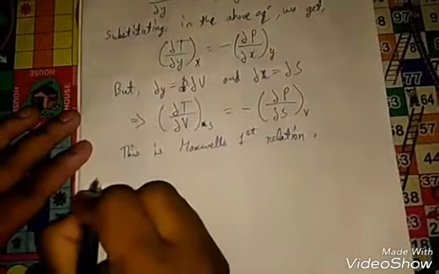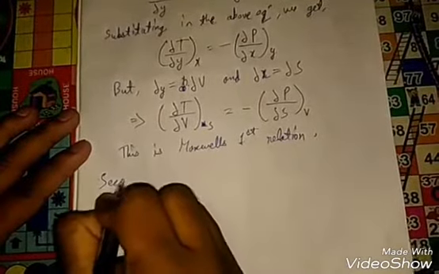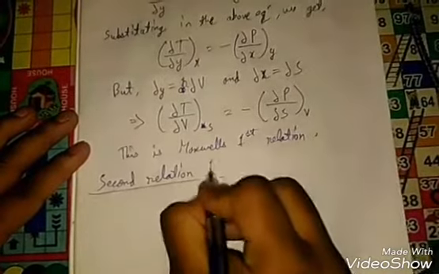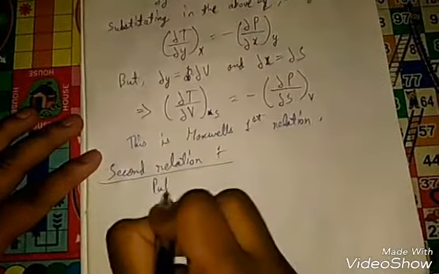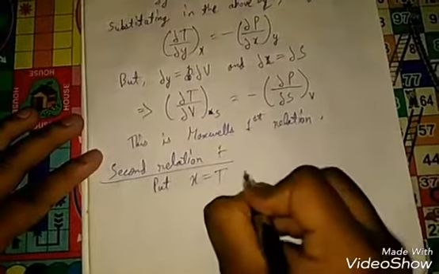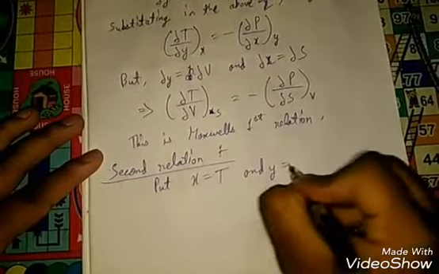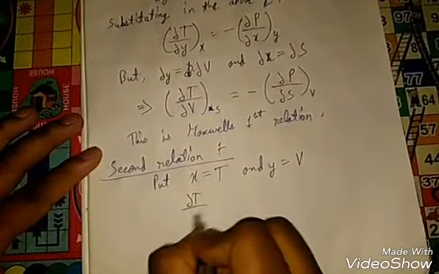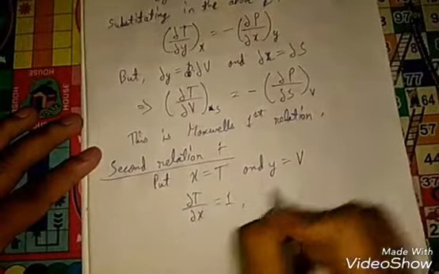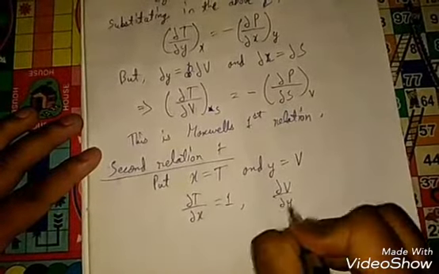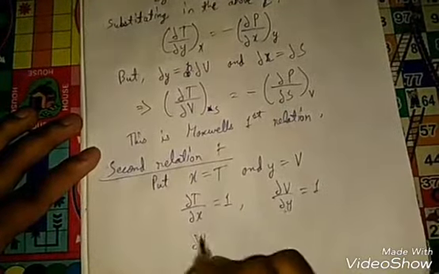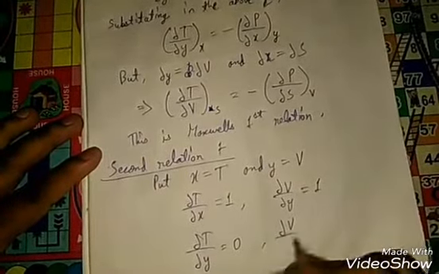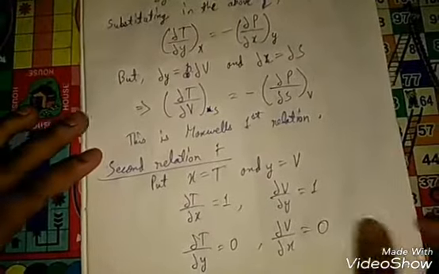Now in the same way, for the second relation, we put x is equal to t and y is equal to v. So from here we get del t by del x is equal to 1, del v by del y is equal to 1, del t by del y is equal to 0, and also del v by del x is equal to 0.